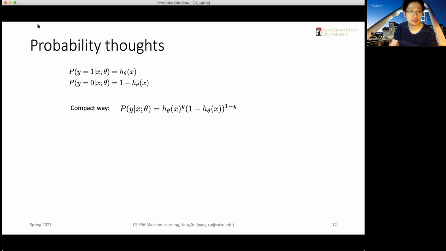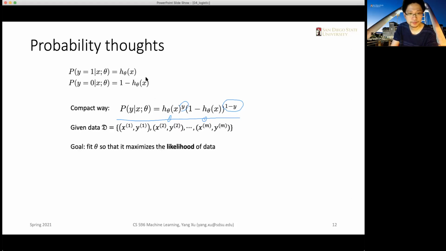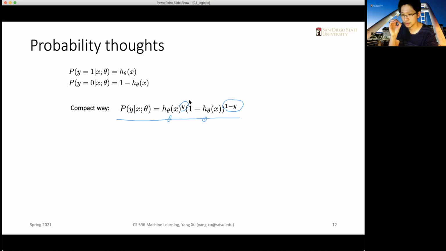If we write these probabilities in a compact way, we can write it as h theta of x raised to the power of y, times 1 minus h theta of x raised to the power of 1 minus y. Okay, because if you look at y, when y is 0, then this left term is gone, right? It becomes 1, right? And the right term is 1 minus h theta of x, right?